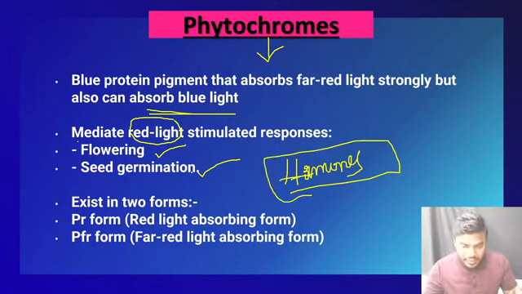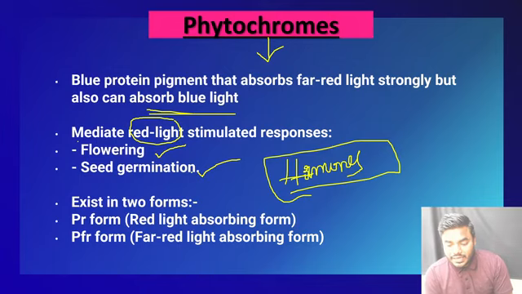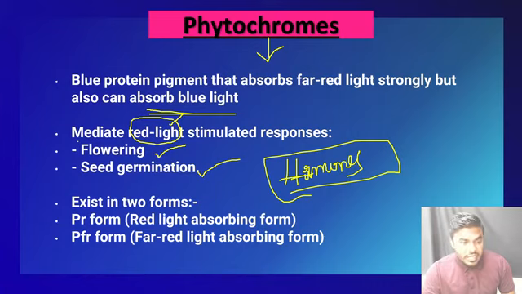There is no doubt about it. Hormones are required for flowering and seed germination, but friends, along with the hormone, light is also extremely important. Kindly don't forget that. So it mediates red light stimulated responses, flowering as well as seed germination. I will explain how phytochrome is helpful in flowering and in seed germination.